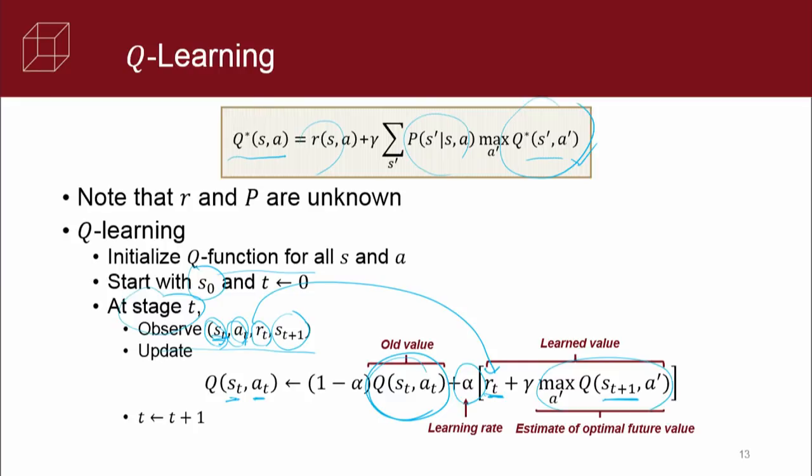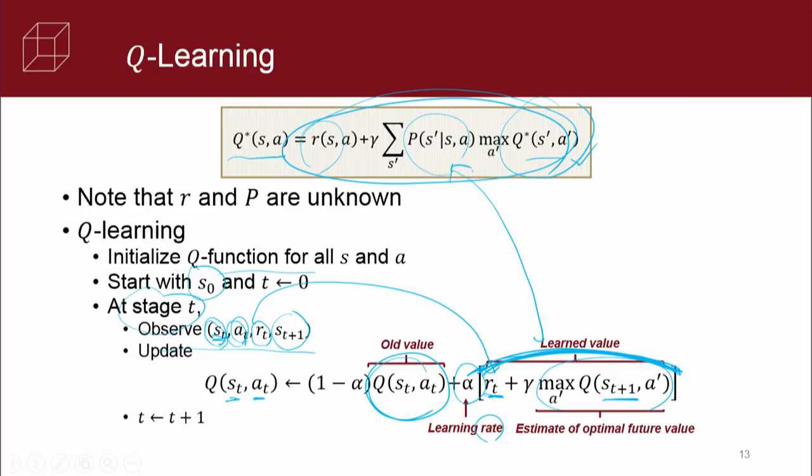All right, the learned value, this term inside the bracket, is a kind of sample of the right-hand side of these optimality equations.